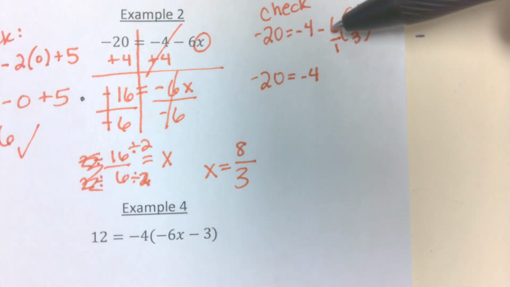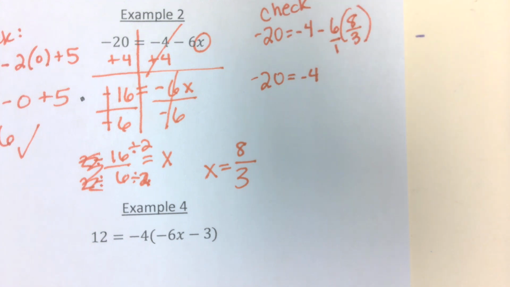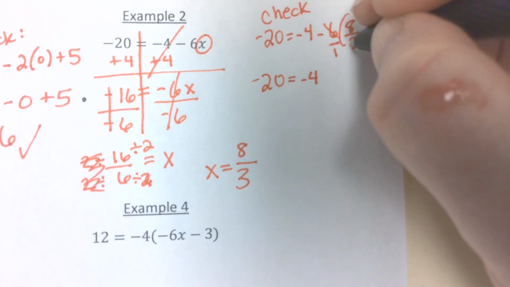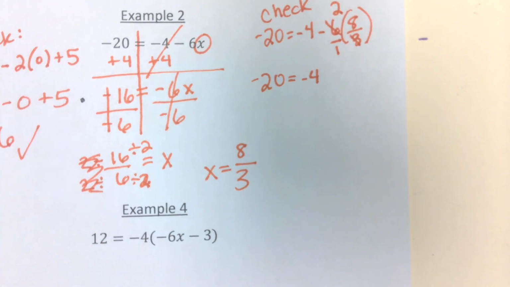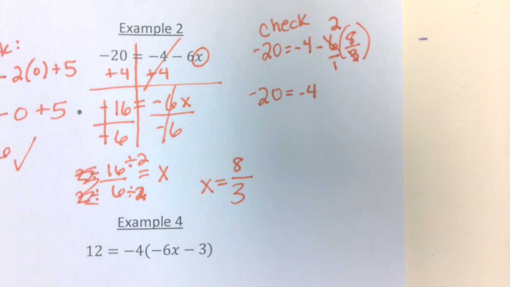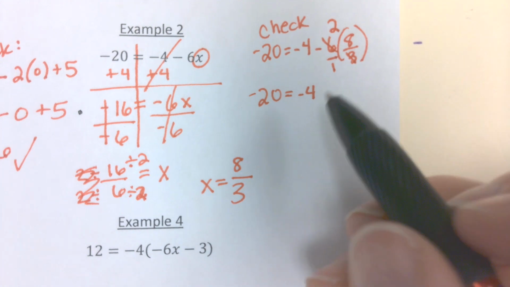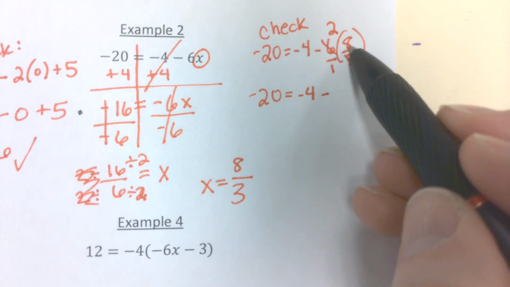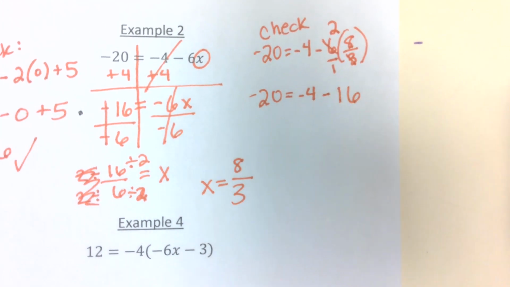Or when you multiply, you can actually simplify by looking at the diagonals. So like 3 and 6 have 3 in common. 6 divided by 3 is 2. So I could mark these out and it'd just be 2. And now I just have minus 2 times 8 is 16.